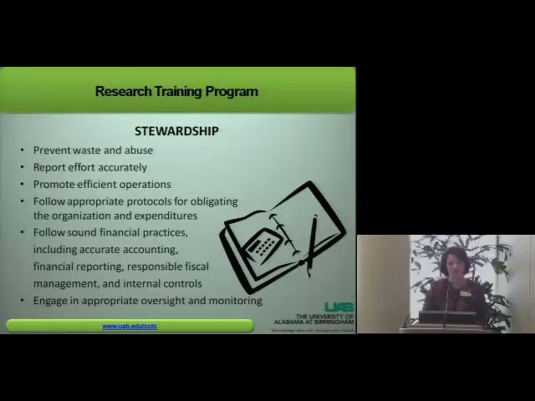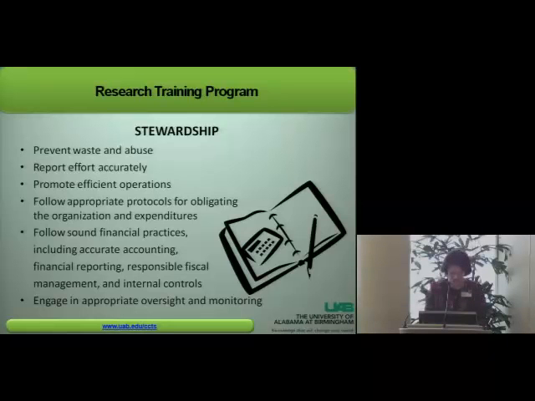Another common element is stewardship, which is essentially being responsible and accountable with the resources of the organization and those funding our research. In this element, members are expected to prevent waste and abuse, report their effort accurately so that the costs of business are attached to the appropriate awards or accounts, promote efficient operations, follow appropriate protocols for obligating the organization and expenditures.